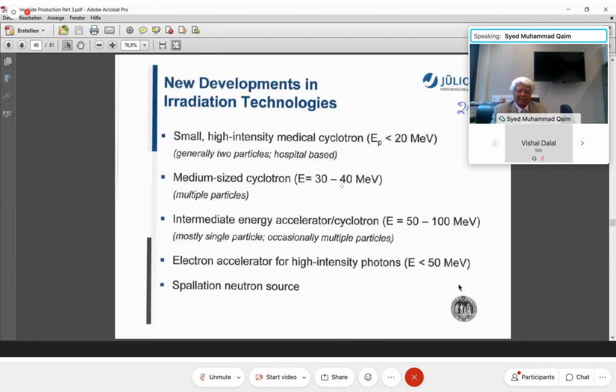The developments are that small high-intensity medical cyclotrons are being built. With protons of energy less than 20 MeV, generally 18 MeV protons and 9 MeV proton machines are being built, commercially sold, hospital-based. They go into hospitals, they produce the short-lived radionuclides, and they are used.